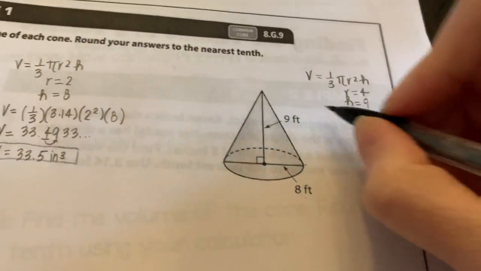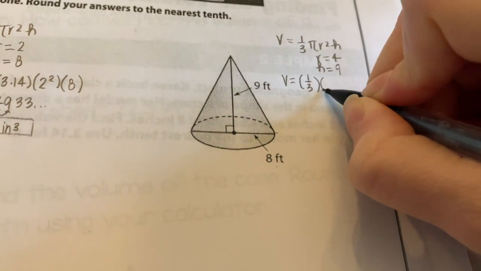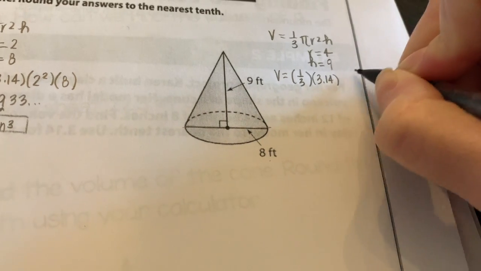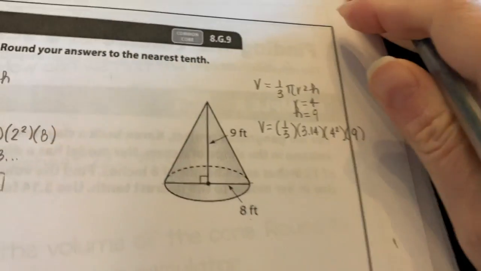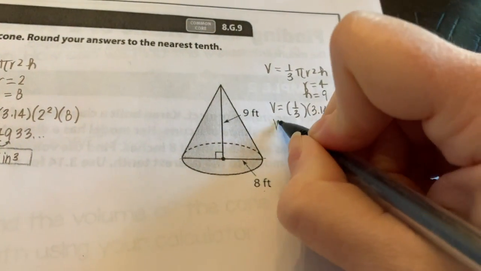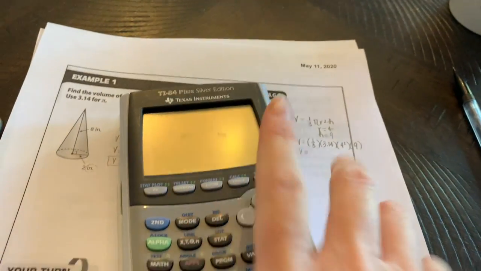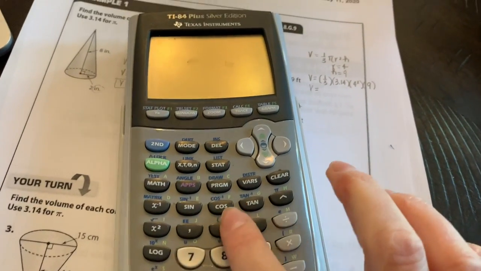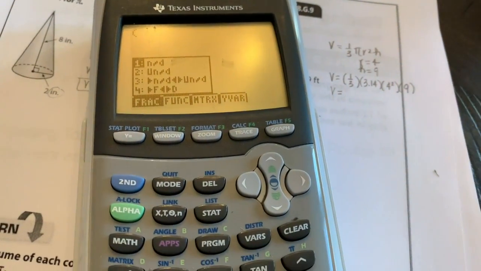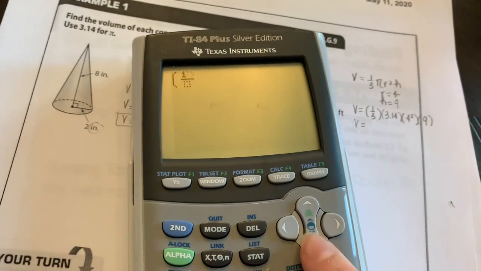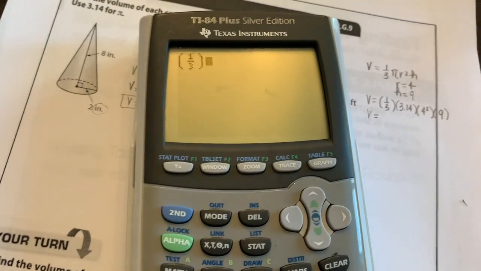Okay, so let's get plugging in. V equals, in parentheses, 1/3 times 3.14 times 4 squared times 9. So I'm going to plug it all into my calculator. I'm going to use my alpha y equals again, so I start with my parentheses. Alpha y equals, enter. 1 down, 3 over, close parentheses.